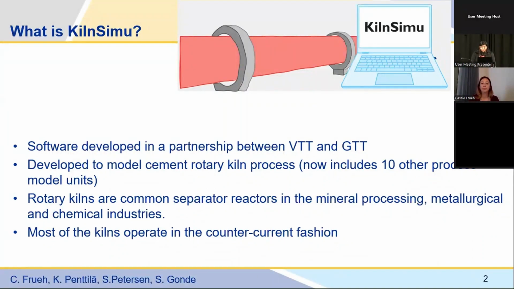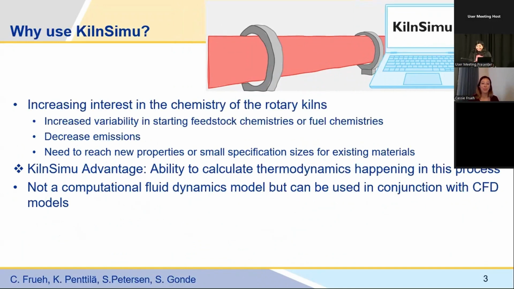Okay. So what are the attractive features of KilnSimu, and why should somebody use KilnSimu for real life processes? So in general, there's an increasing interest in the chemistry of a rotary kiln. It's not very easy to go inside of a rotary kiln and pull out material and figure out what phases you have.